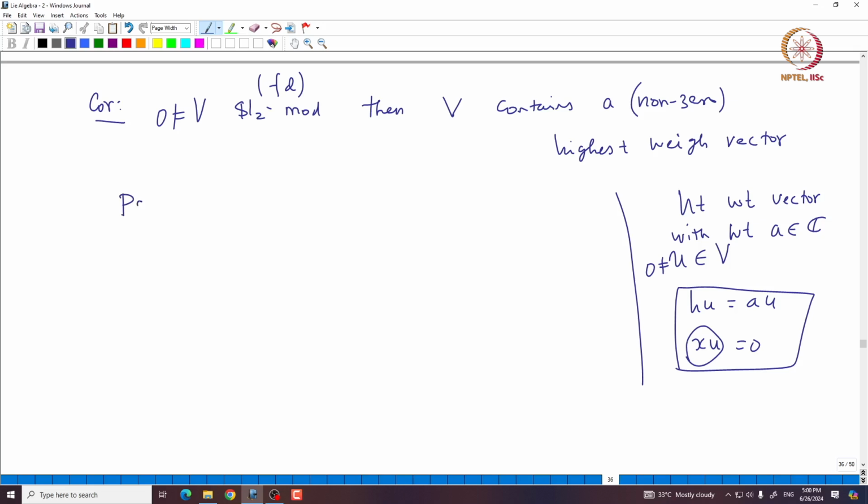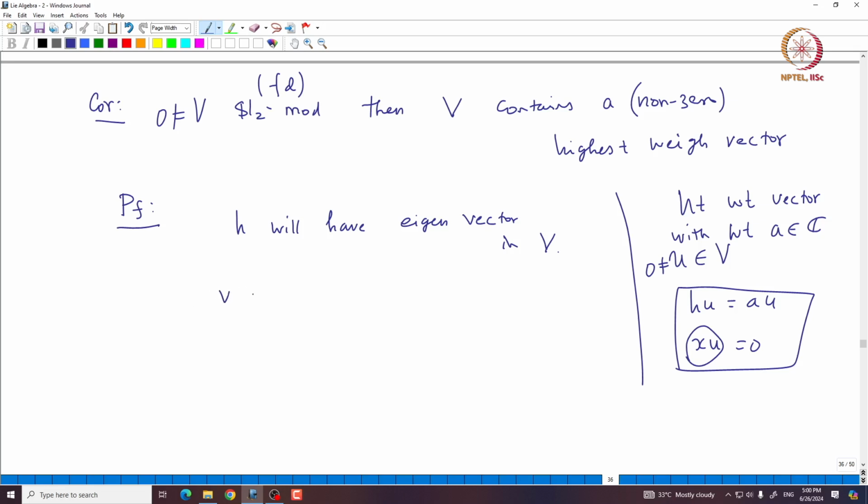So, what is the proof? You start with V being a non-zero SL2 module. That means H will have an eigenvector inside capital V, because H is an operator and we are working over complex numbers, so any operator will have an eigenvalue and a corresponding eigenvector.